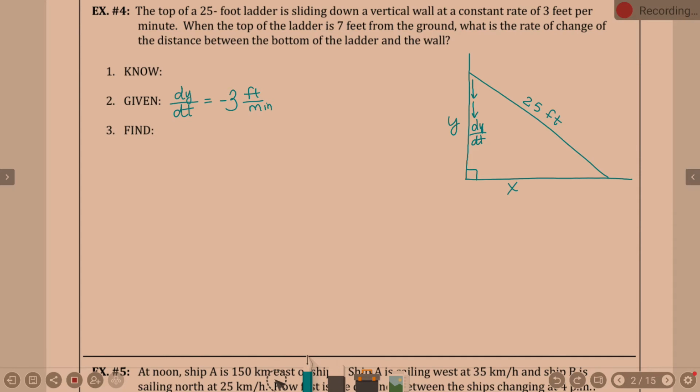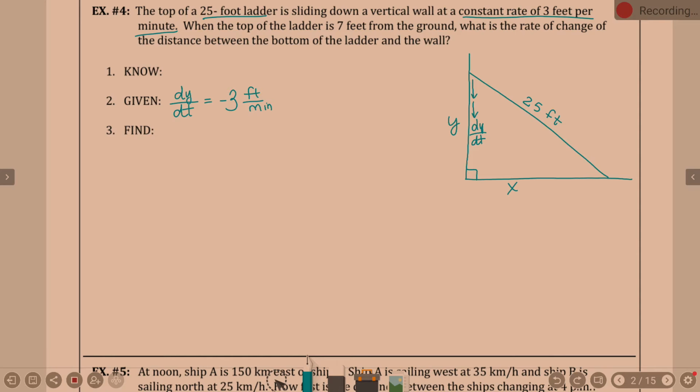Okay, so top of a 25-foot ladder, sliding down a vertical wall, constant rate of 3 feet per minute. When the top of the ladder is 7 feet from the ground.